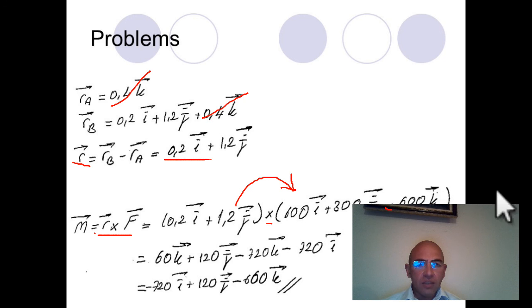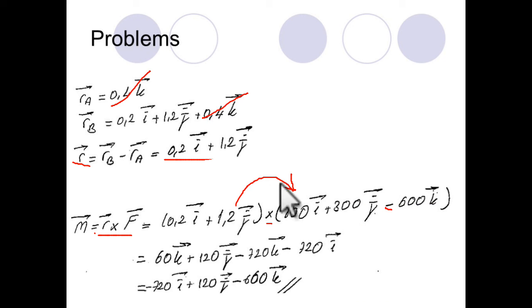Now next thing is we will multiply j with j. Again, both vectors are in the same direction. As a result, the vector product will give you 0. And the last multiplication is multiplying 1.2 with 600 k. So 1.2 j multiplied by minus 600 k. Of course, this makes minus 720.